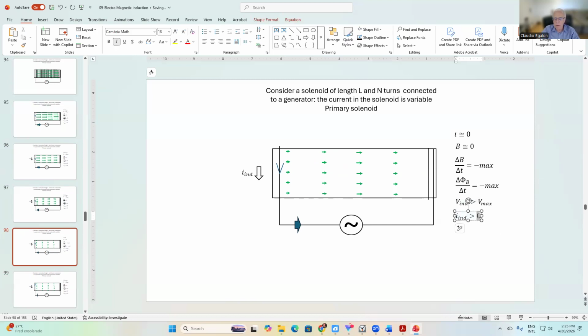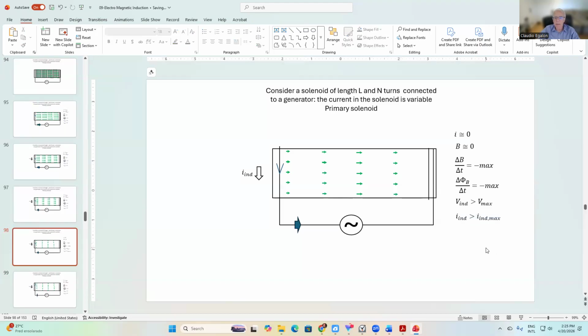My induced current is going to be maximum as well, because it's about to become zero. So it evolves in time like that.